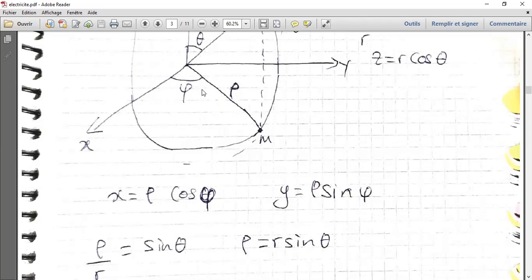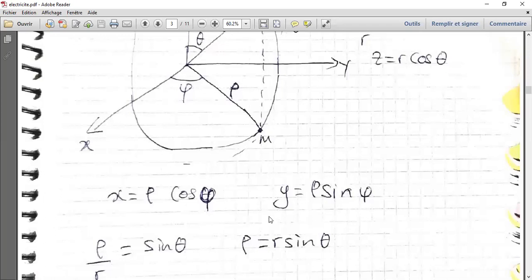With hypotenuse and adjacent, you follow SOHCAHTOA: cos is equal to adjacent over hypotenuse. The adjacent is X and the hypotenuse is rho. So cos phi, this angle here, is equal to X over rho. Then if you do cross multiplication, you have X equals rho cos phi. I think this one is clear.